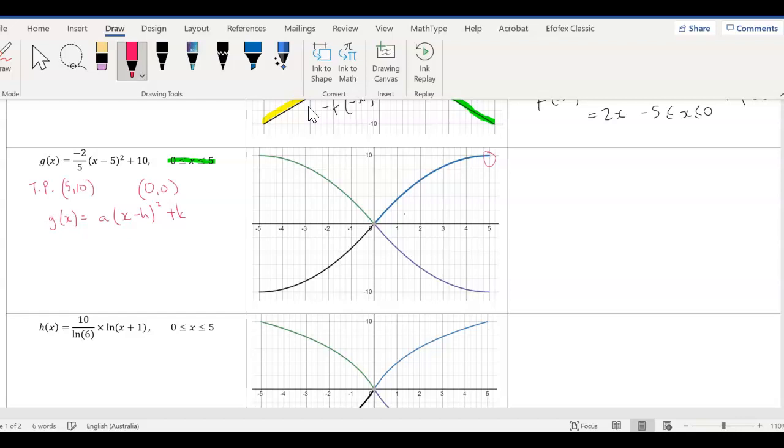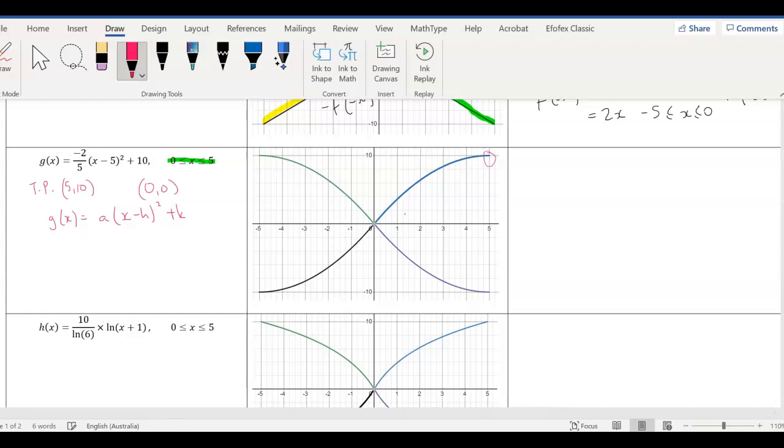So for this one, h is 5 and k is 10. So then you just say, well, I need to work out my value of a, okay? Because it's not just a matter of putting in 5 and 10, because you can have any sort of graph that has a turning point at 5, 10. We want one that goes through the point 0, 0.